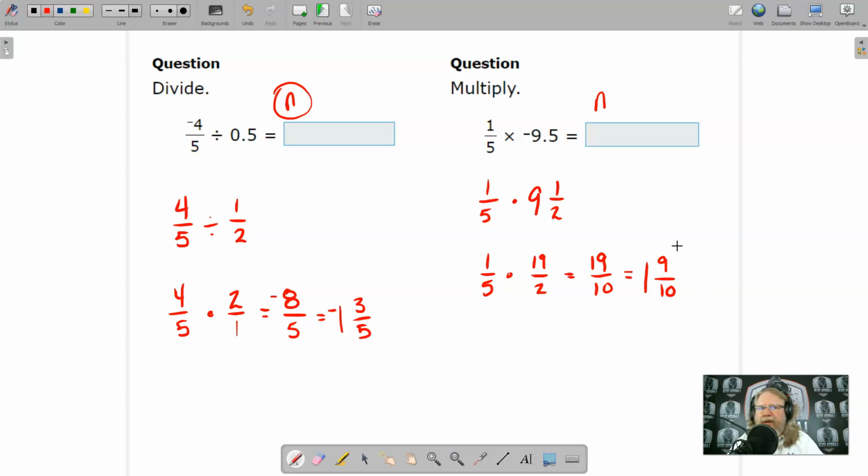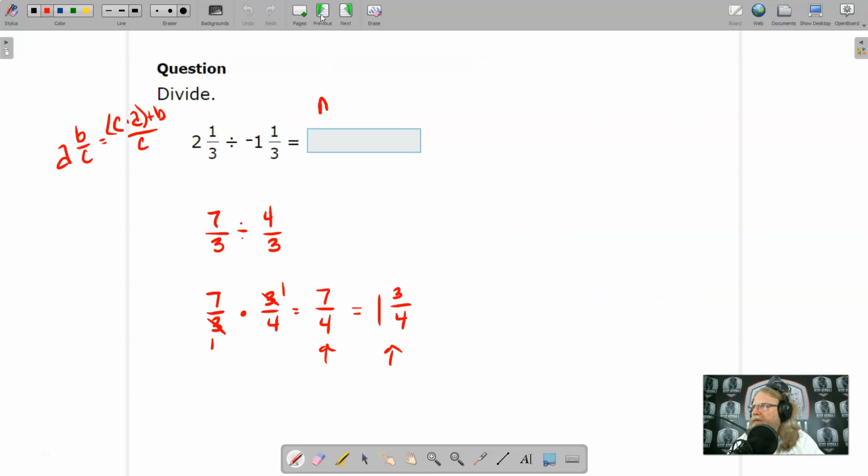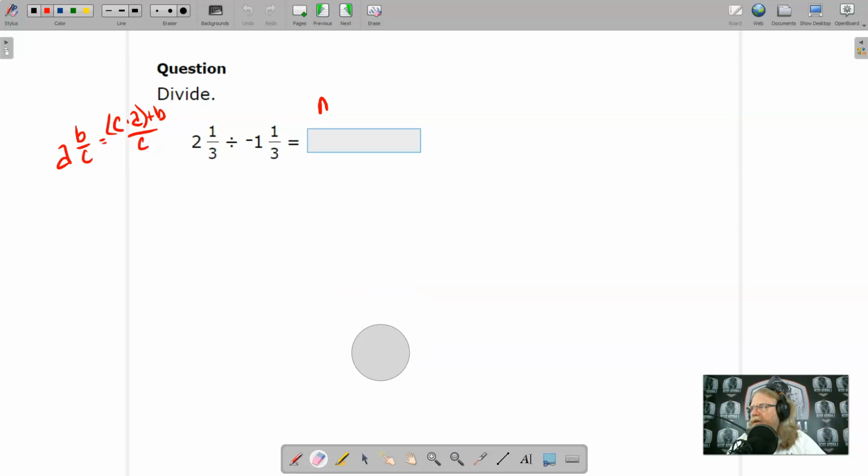Now, for those of you who have stuck around to the end of this nearly 25-minute video, I've got a bonus for you. Let's go back to where we had mixed number divided by mixed number. I'm going to clean this up a little bit and show you how you can use a calculator to do this. Remember that you have a division sign here, right?